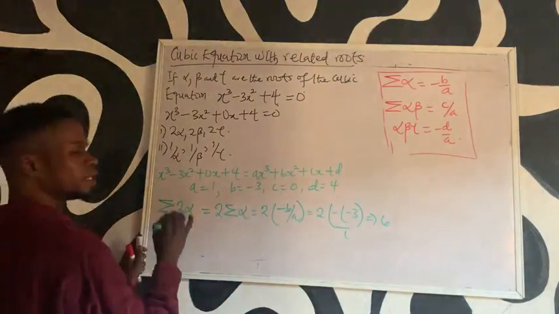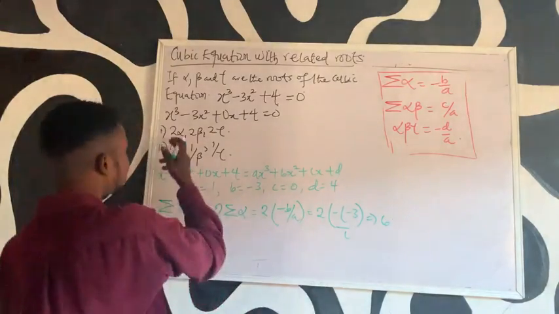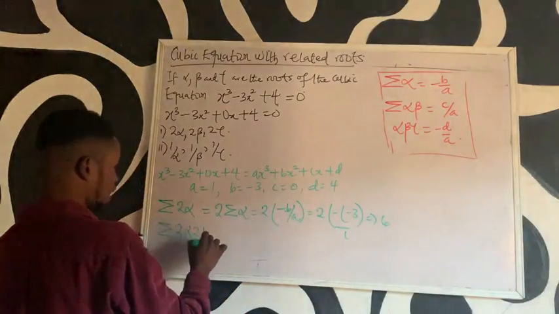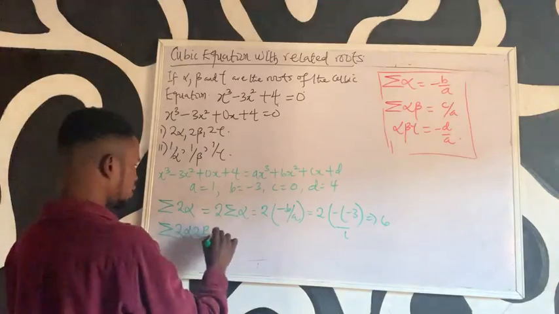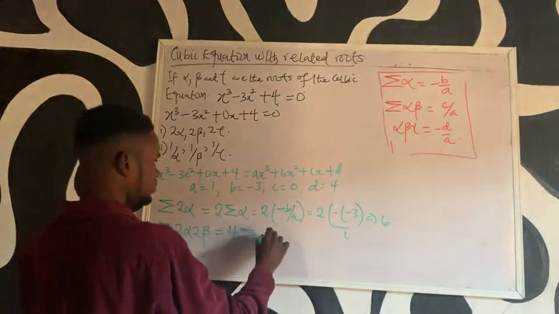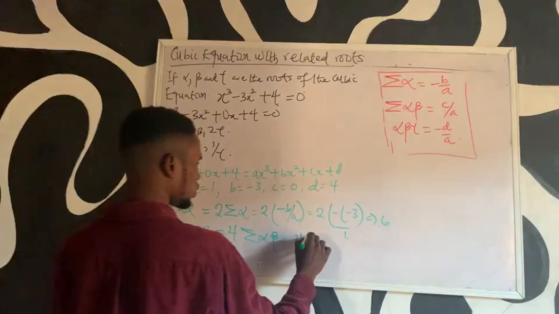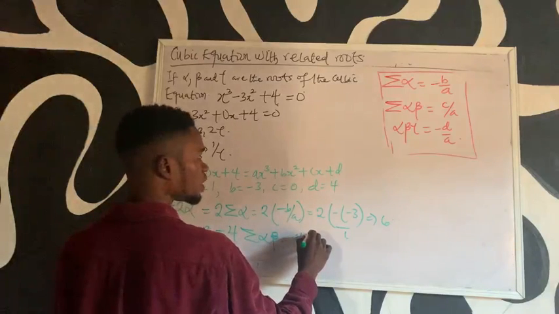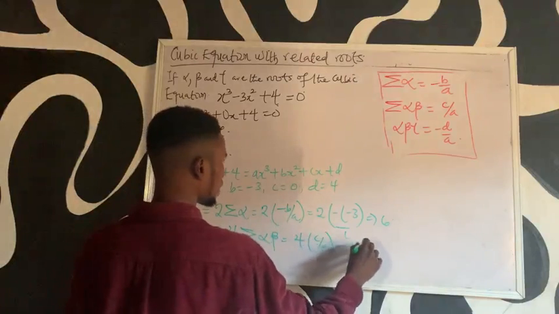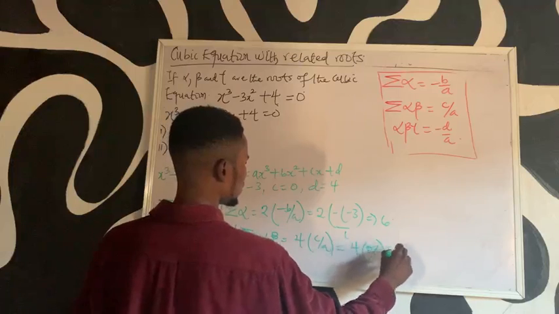Followed by the summation taking two roots at a time. Instead of alpha beta, now we have 2 alpha, 2 beta. So that's 4 summation alpha beta, which is 4 into brackets, the summation of alpha beta, that's c over a. C is 0, over 1, that's 0.